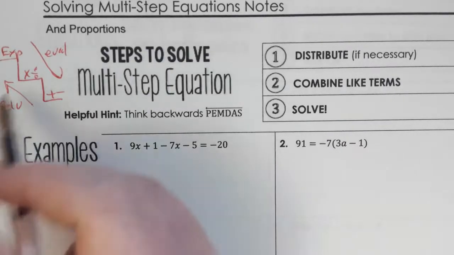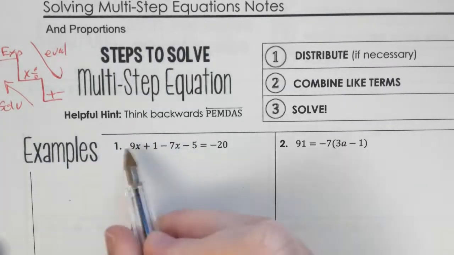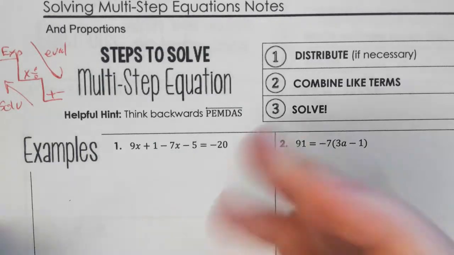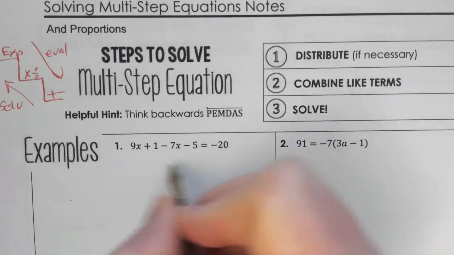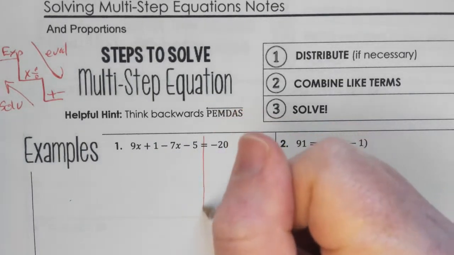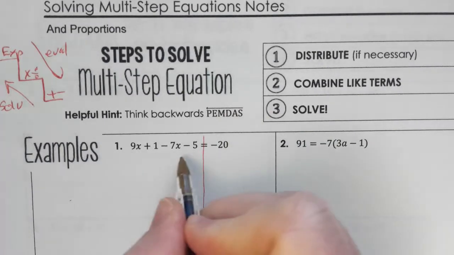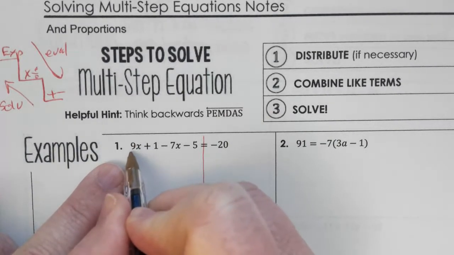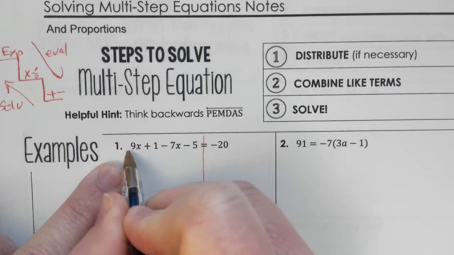First of all, you want to make sure that all of your x's are on one side, which they are. We have all of our x's on our left side. Let's put them together. When they're on the same side of the equal sign, you do the same operation it already says. So this is a positive 9 and a negative 7.